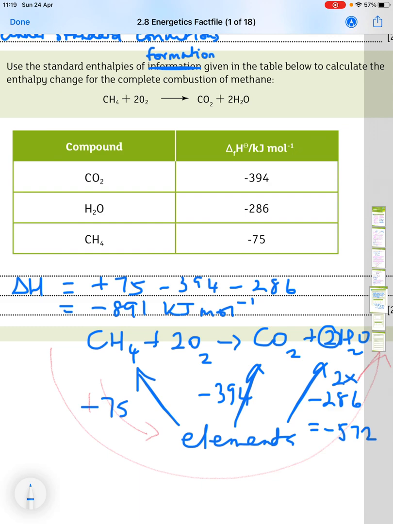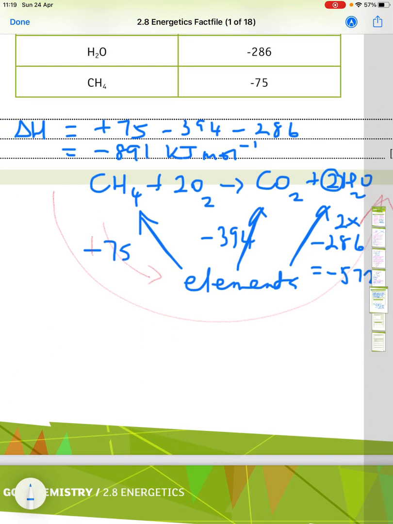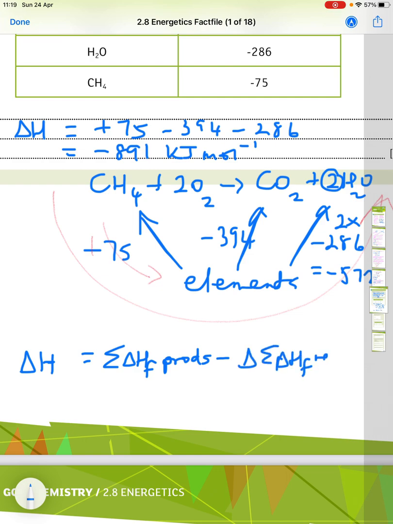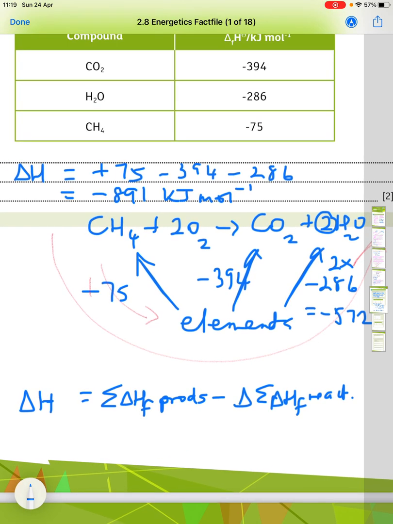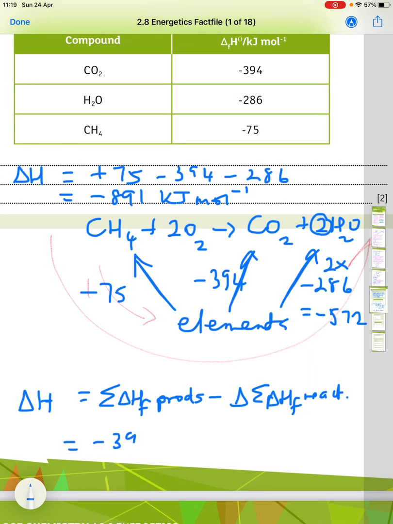per mole. The other way you could do that question is to say that delta H is the sum of the formation of the products, take away the sum of the formation of the reactants, and then that would give you, using the values in the table, minus 394 minus 2 times 286 minus 75, which is the same thing.